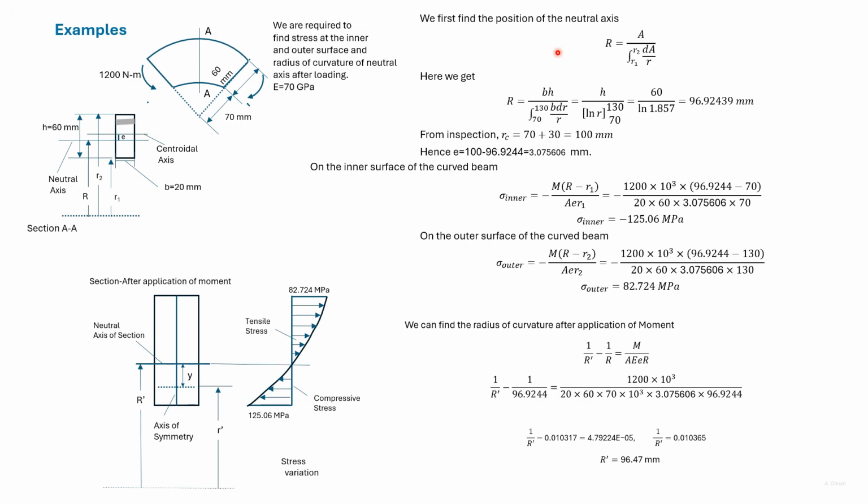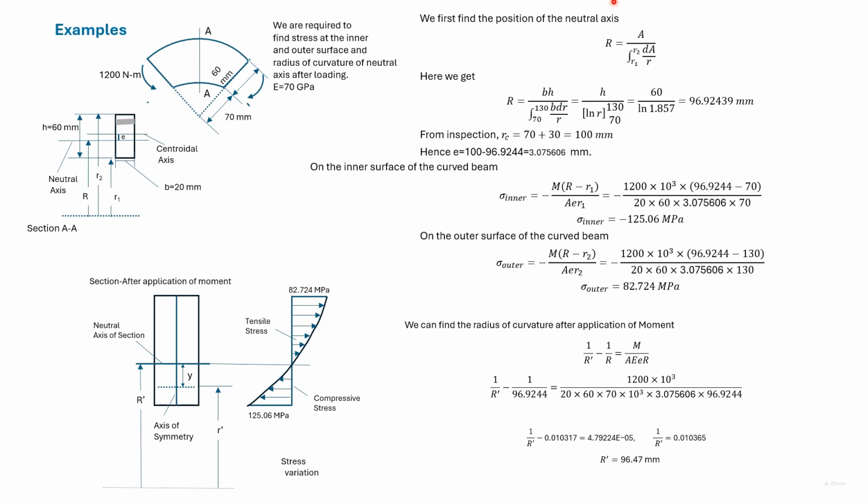We earlier found out that the position of the neutral axis is given by this expression. For a rectangular section, A is B into H and dA is B dr, which corresponds to the shaded area shown.